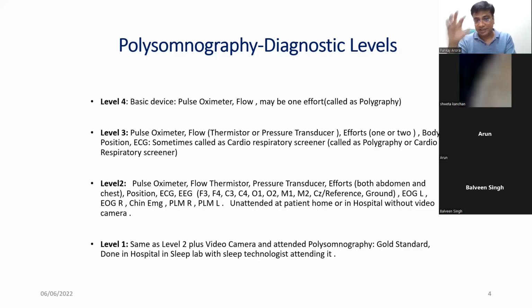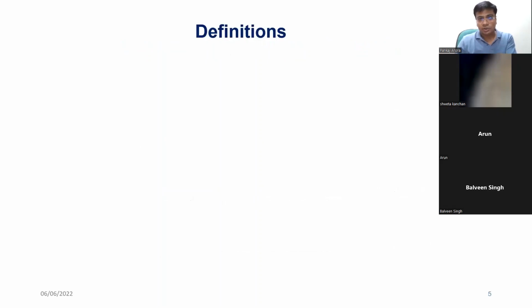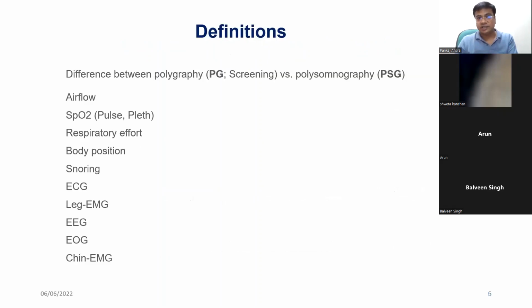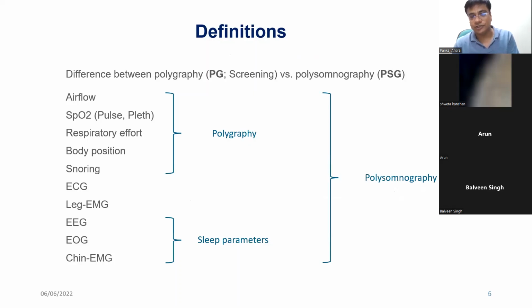It is done in hospital, in the sleep lab itself, with a sleep technologist attending the patient. The difference between polygraphy and polysomnography is that you have airflow, SpO2, respiratory efforts, body position, and snoring. If you add sleep parameters to it, it becomes polysomnography.